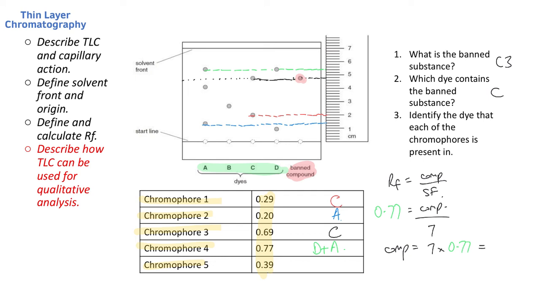And then lastly, the 0.39, put it over here as well, and that will be 7 times 0.39, which is 2.73, or 2.7-ish. So 2.7-ish is over here, so that's B. So using the RF values, you can work out what things are as well, given the RF values and information from those chromatograms.